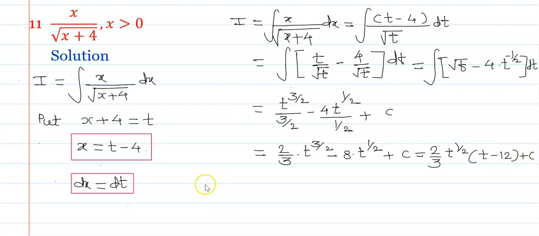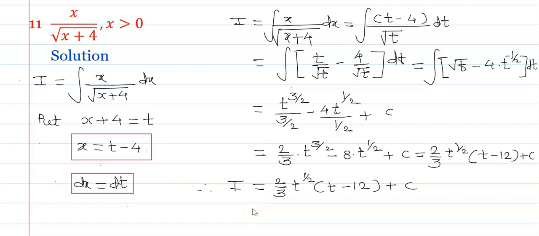And therefore our integral I is equal to 2 by 3 t raised to 1 upon 2, in brackets t minus 12, plus c.